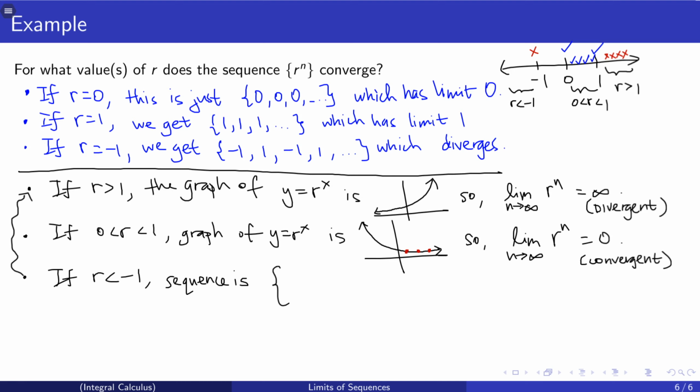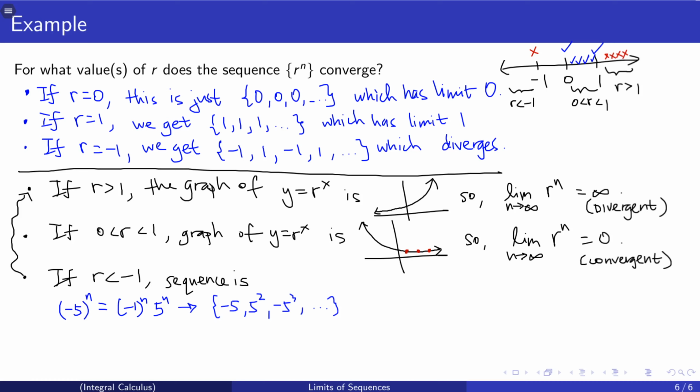But since you have a negative raised to n as well, the signs are just going to alternate. In fact, I can write it this way. If you get something like -5 to the n, let's pick r to be -5, then you can write this as -1 to the n times 5 to the n. And so the sequence there is going to be -5 and then 5 squared and then -5 cubed and so on.